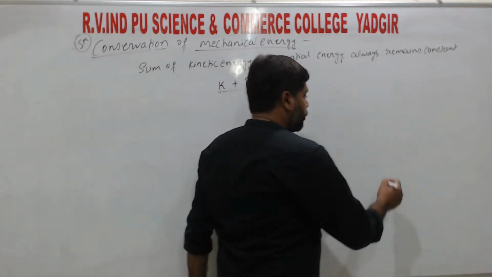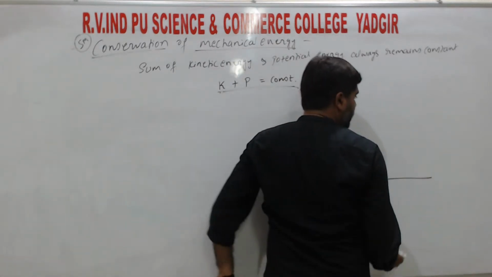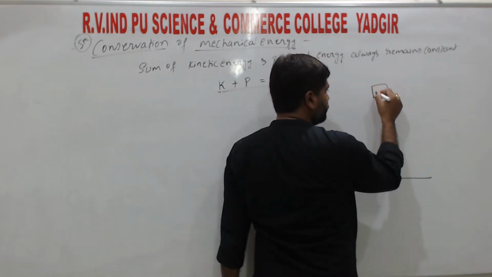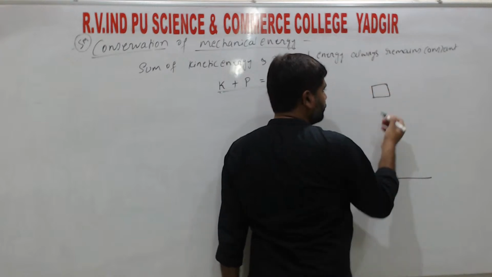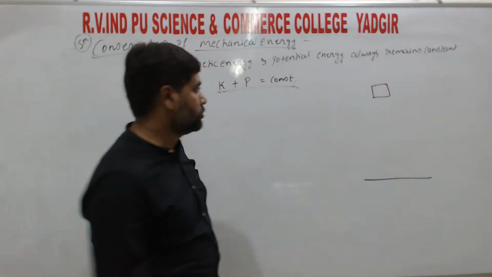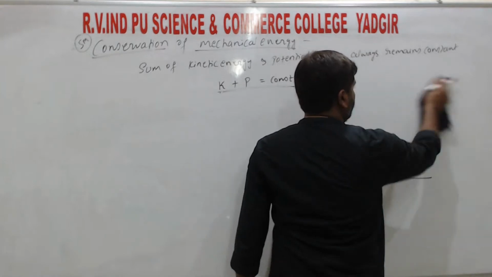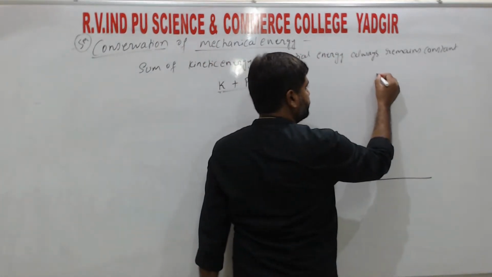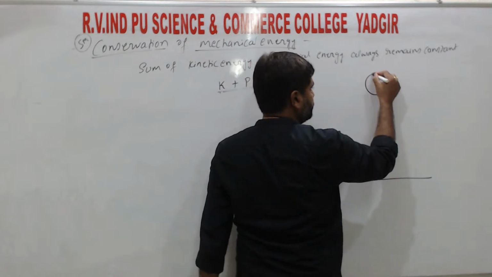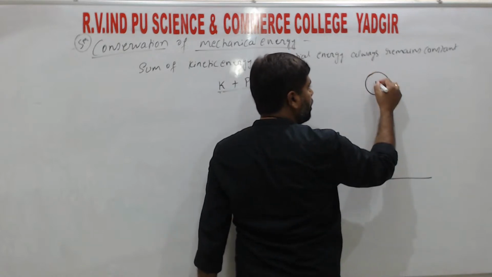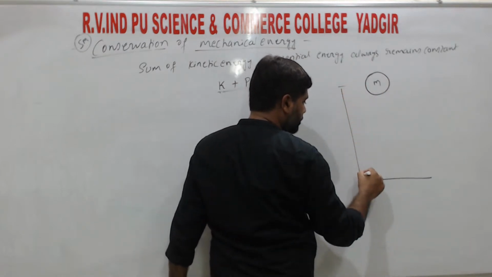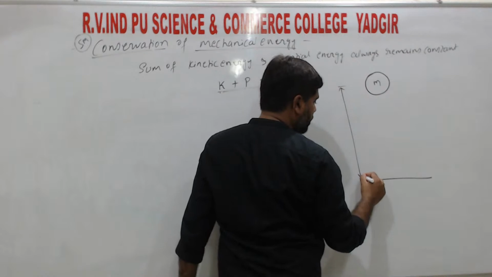So for the proof, 5 marks is very important, right? Consider an object of mass m, initially at a height h from the ground.